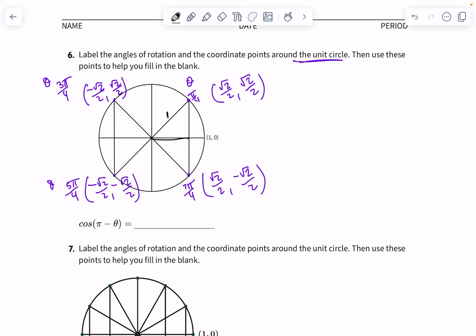Now, these points right here, these lengths are the exact same, right? How do we know they're the exact same? Because this is a 45, 45, 90 triangle, right? So it can be x squared plus x squared equals 1. So 2x squared is equal to 1, x squared is equal to 1/2, x is equal to plus and minus square root of 1/2.